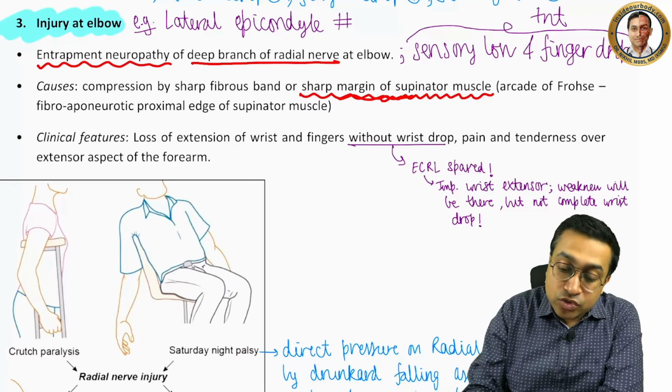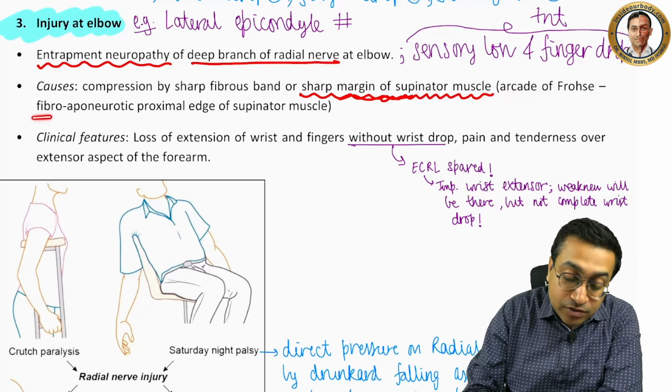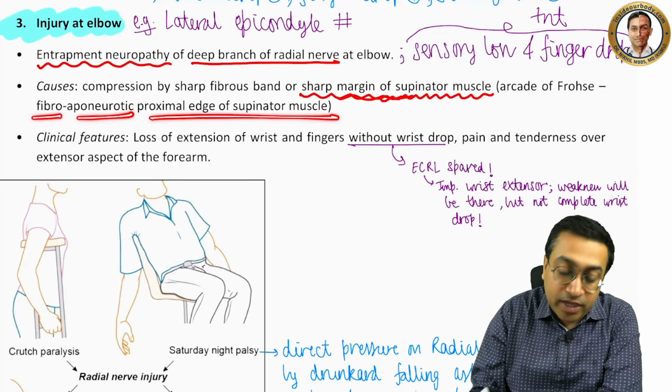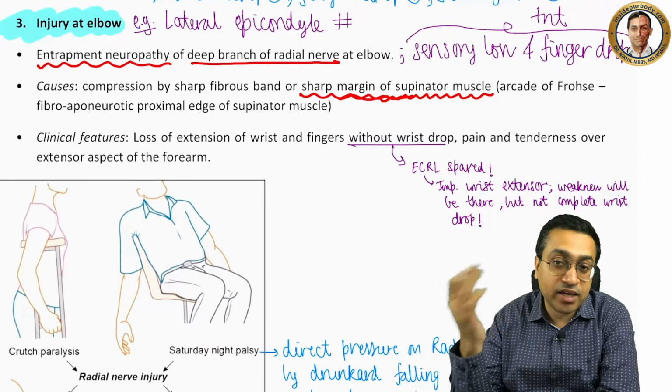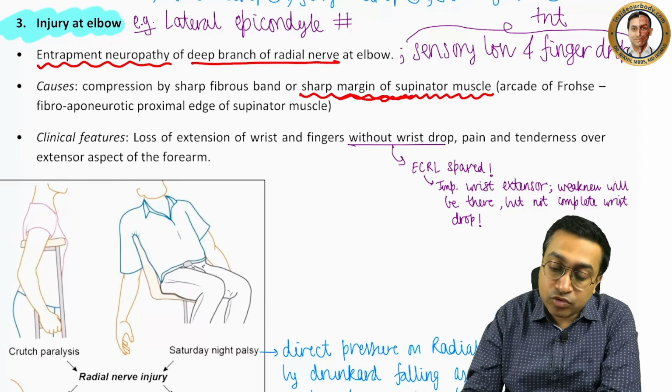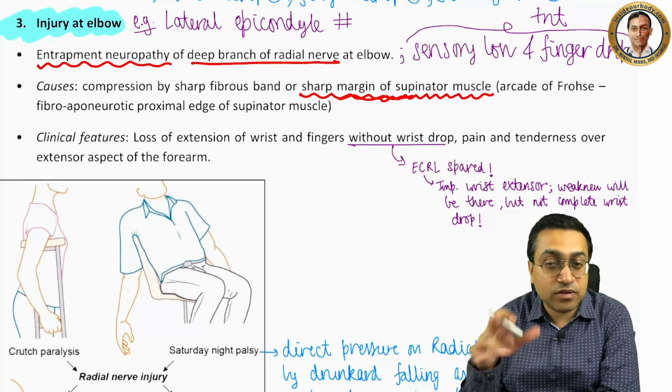This is also known as the arcade of Frohse, which is the fibrotendinous proximal edge of the supinator muscle. This language was exactly asked in INI exams, AIIMS exams, some time back. So this also you can remember, this is related to this injury at the elbow.